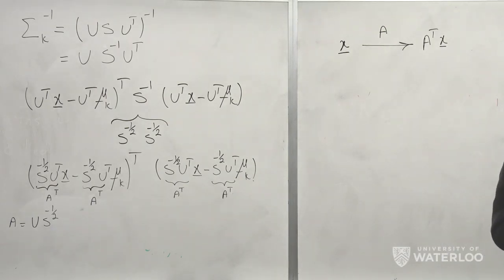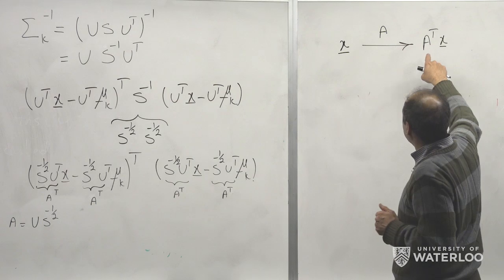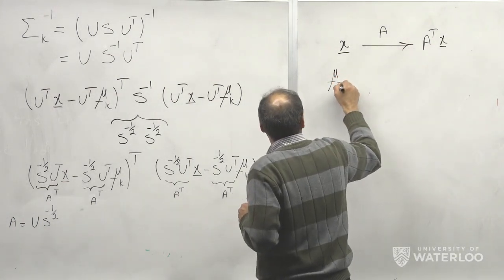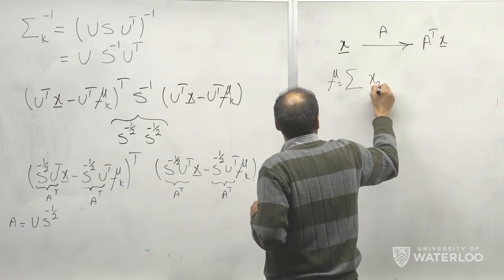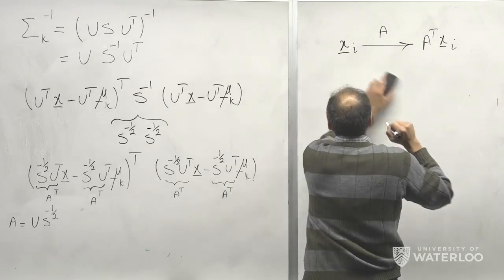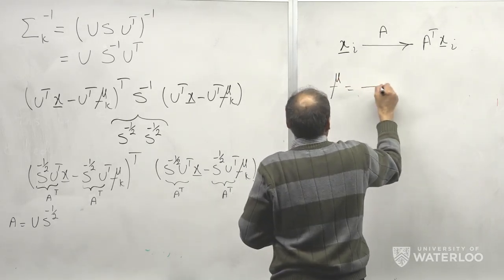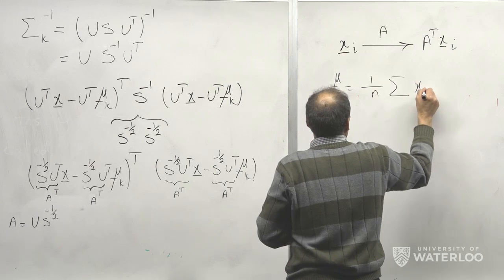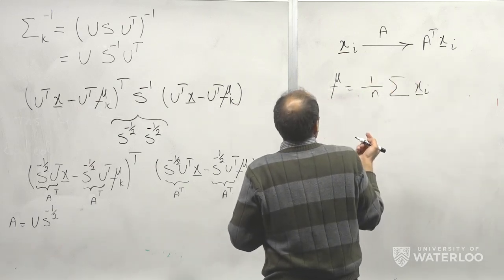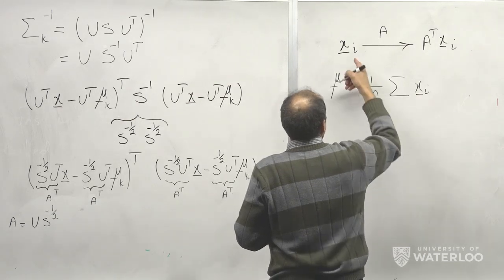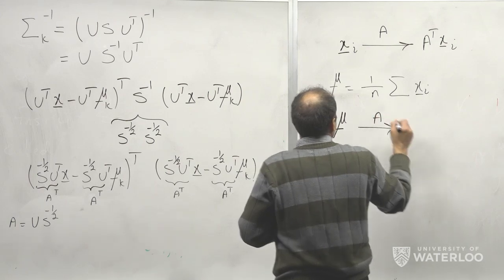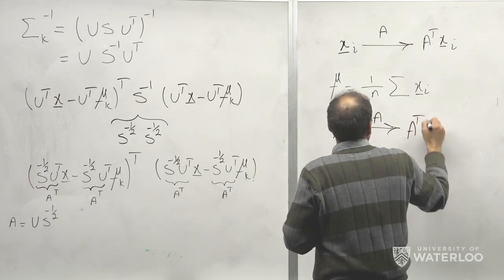Okay. So if I map all of my points to A transpose X, the mu, which is basically the average of all of the x_i's, so each x_i has been mapped here, also would be the mapping of the previous mu. So mu actually has been transformed to A transpose mu.